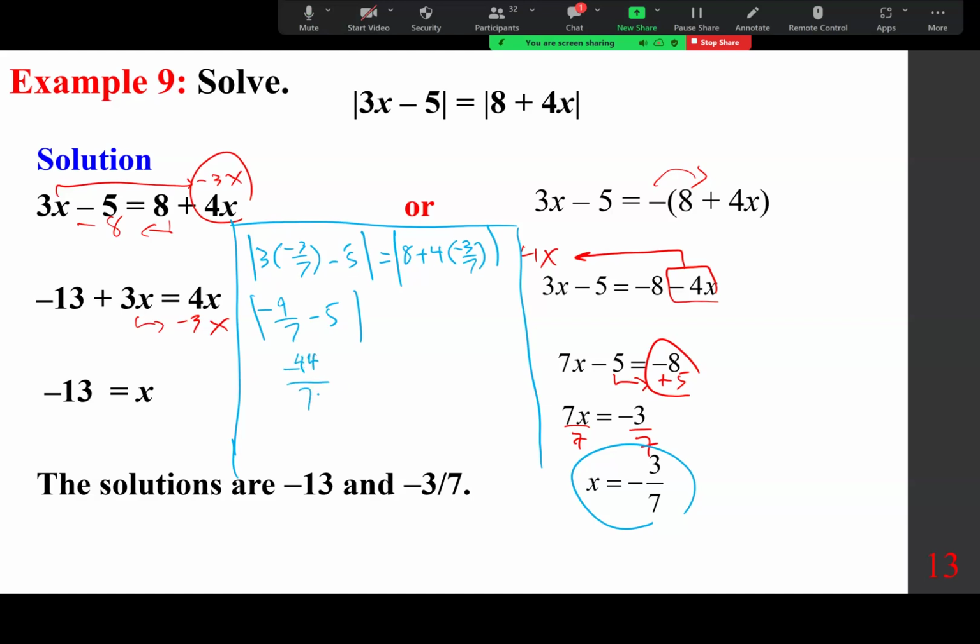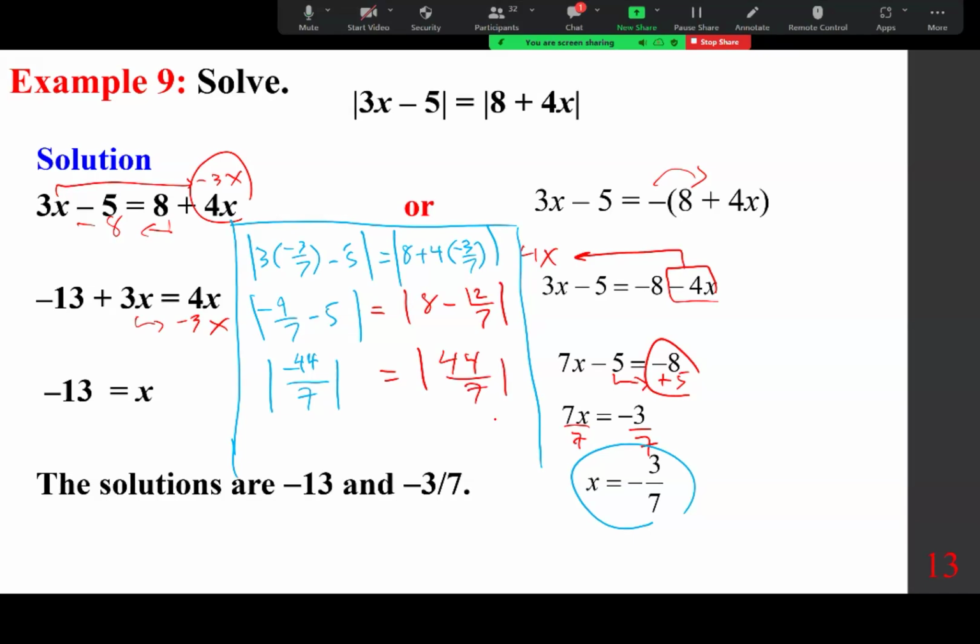Minus 44 over 7. This one we have 8 minus 12 over 7. 8 times 7, 56 minus 12, also 44 over 7.